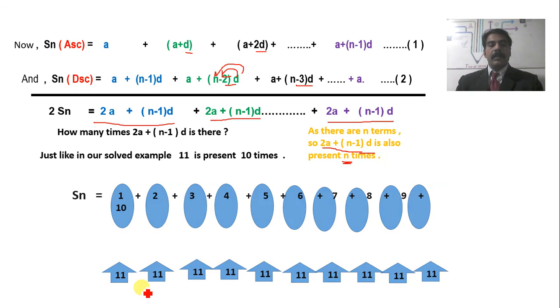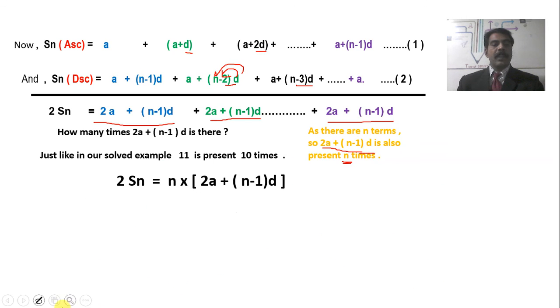So here now we will apply the same logic, and 2 times Sn will become n times this number, because this number is repeated n times. So we will multiply n by this number. Now the equation is 2 times Sn equals n into 2a plus n minus 1 into d.